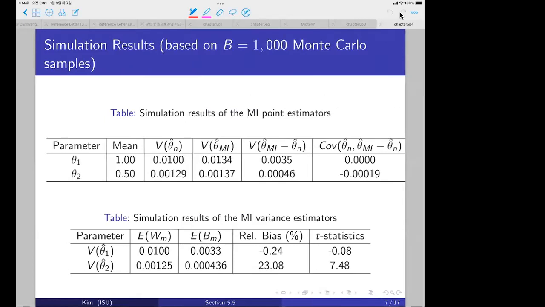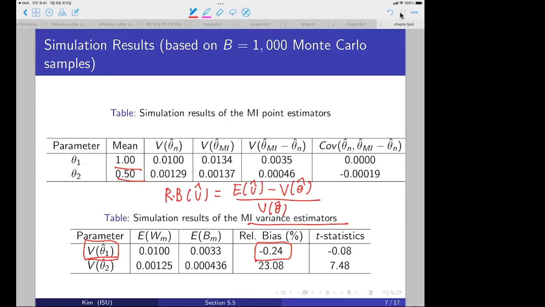So basically, the point estimator itself is okay. The problem is the variance estimation, the relative bias of the variance estimator. Relative bias of the variance estimator means the bias of the variance estimator divided by the true variance.